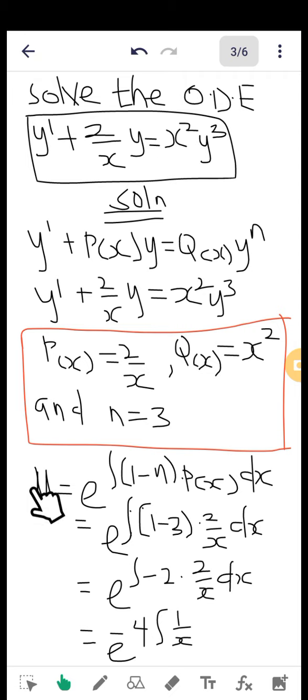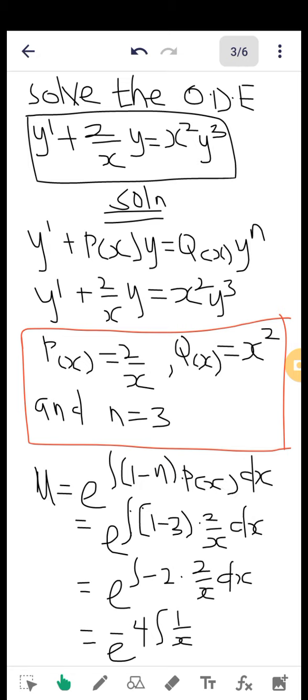After that, we find the integral factor. The integral factor mu is given by e exponent integral of 1 minus n multiplying p of x multiplying dx. My n is 3, so just make a substitution.